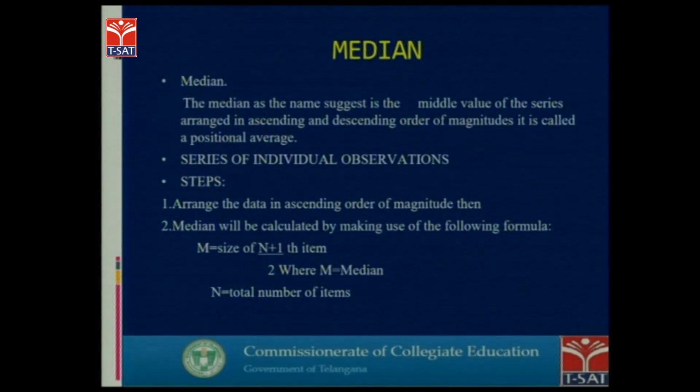The steps for calculating median in individual series are: first we have to arrange our series in ascending or descending order. After that we have to apply the formula, that is size of n plus 1 divided by 2 th item. So now let's take an example and calculate median. We'll take 3 values, that is 120, 140 and 160.